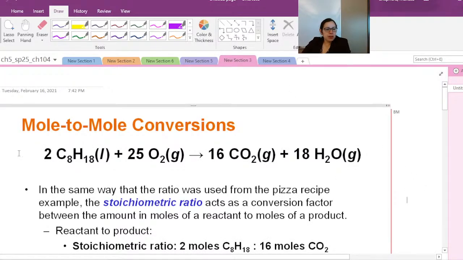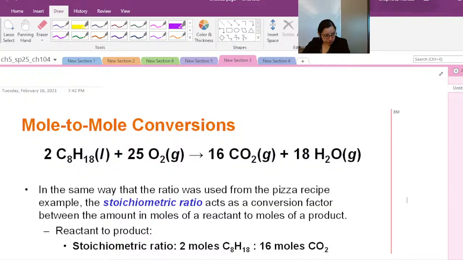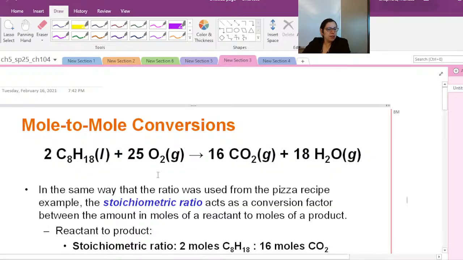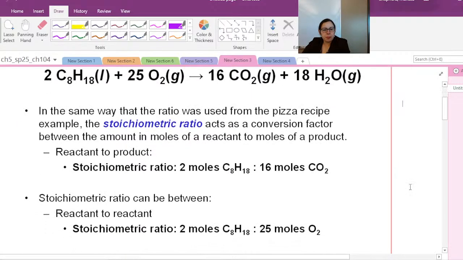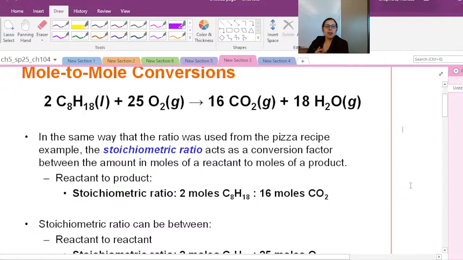All right, so now we want to take all our knowledge and apply it to chemicals. Again, we're back to our combustion equation. Less tasty than our pizza recipe, but the whole point is we're looking at our stoichiometric ratios, and it doesn't matter which ones we're comparing.